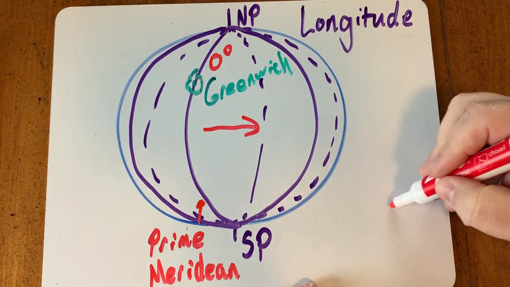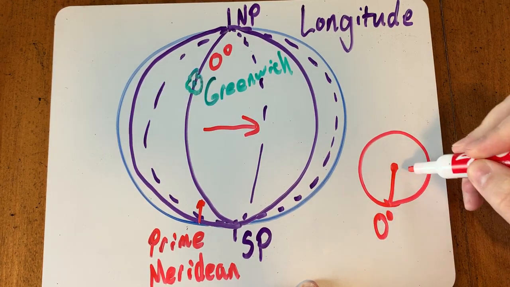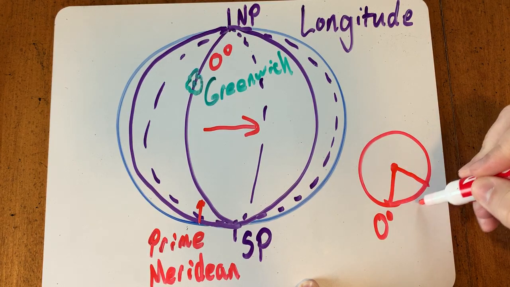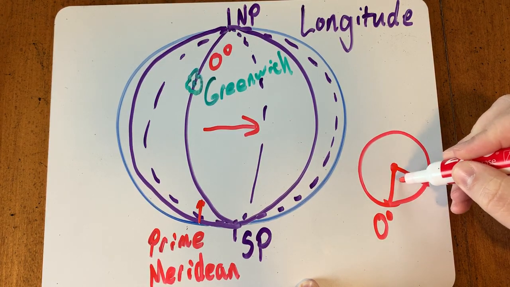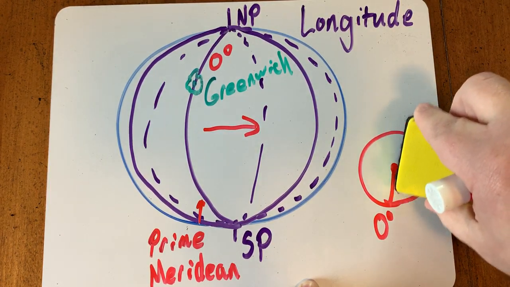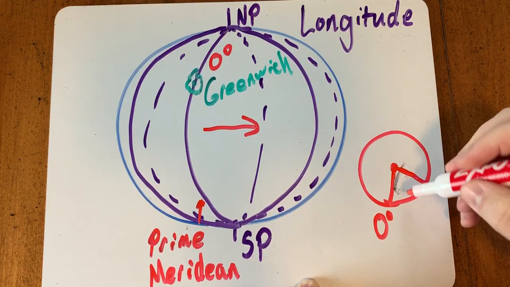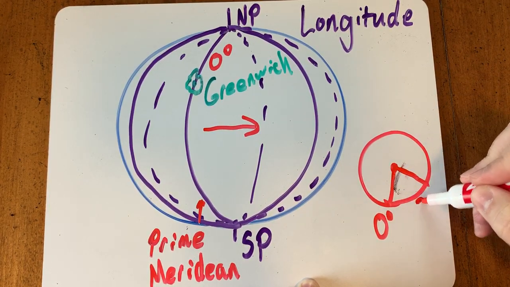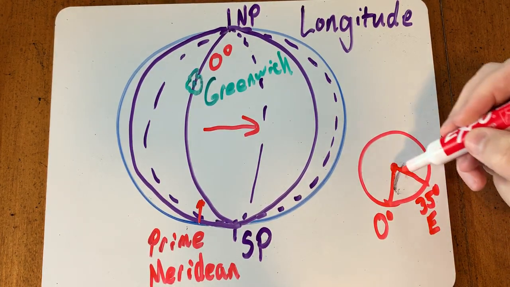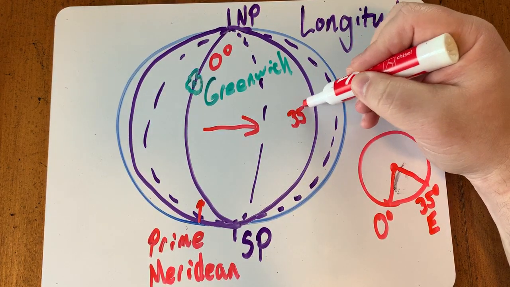If you were looking top down and you had 0 degrees here, whatever the measure of this arc is, which is the measure of this angle, let's say that was 35 degrees, this would be 35 degrees east. That's how you measure your longitude lines.